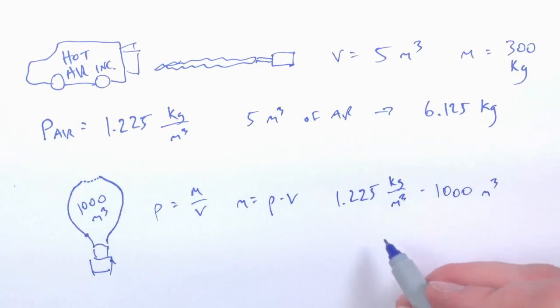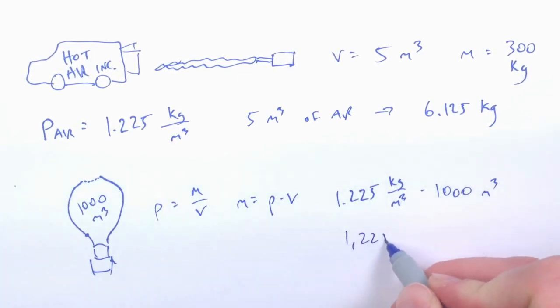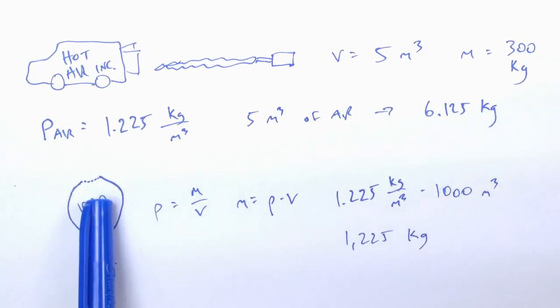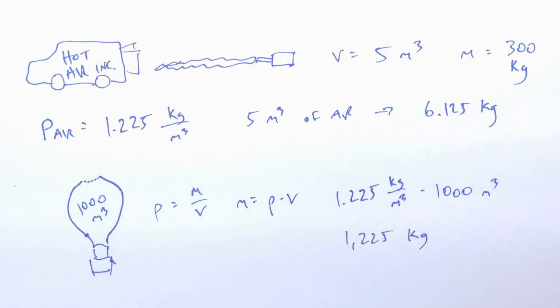So it's a lot of air. It's 1,225 kilograms of air. That is a ton of air that can fit in there. Didn't intend to rhyme, but that was fun. A ton of air can fit in here.